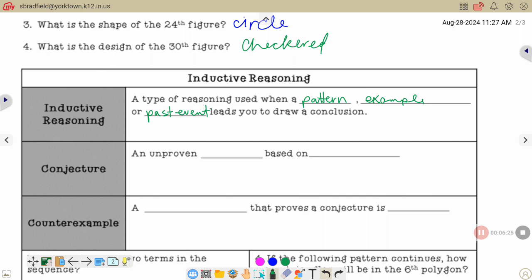A conjecture, so when we draw a conclusion, that conclusion that we're drawing is called a conjecture. A conjecture is an unproven statement based on observations. So we've observed this happening, we've observed this pattern or this shape change, and now we're going to make a statement about what we think will happen in the future.